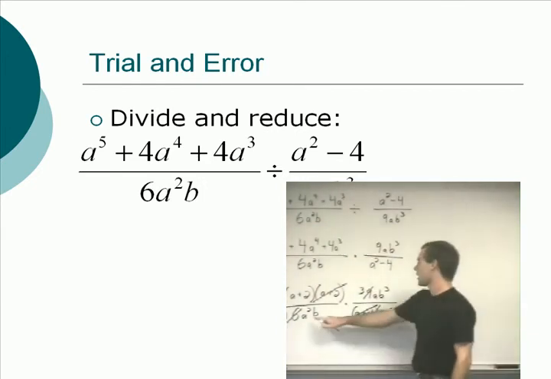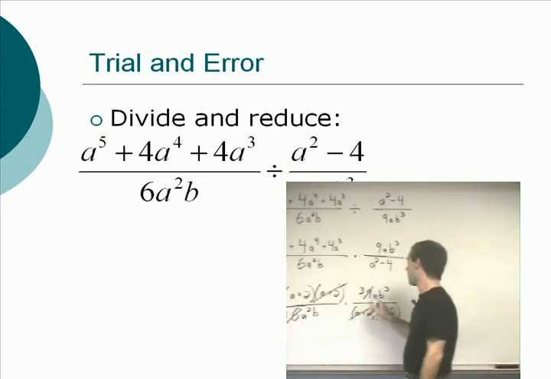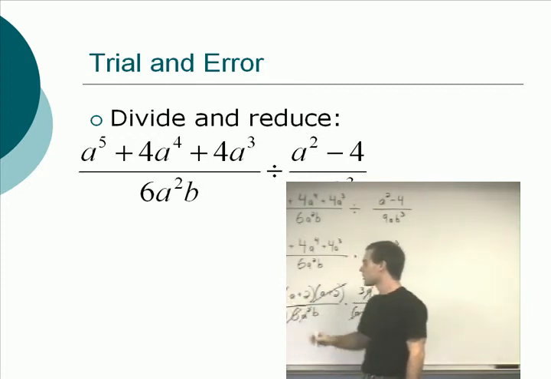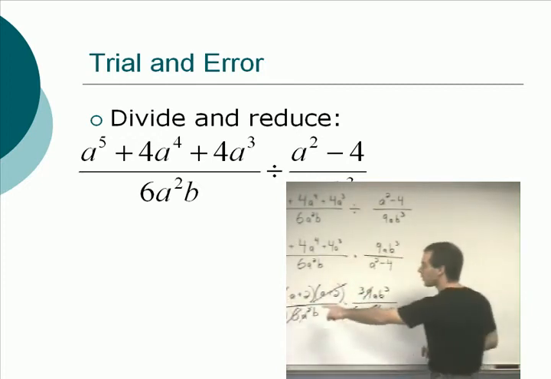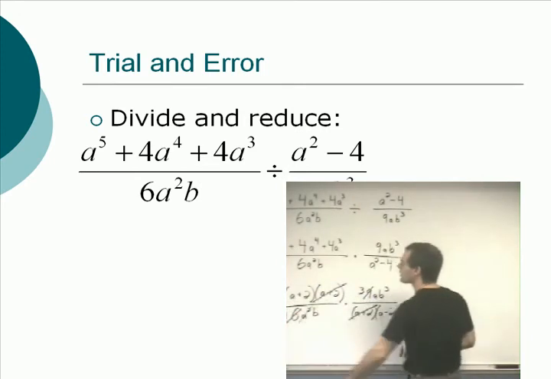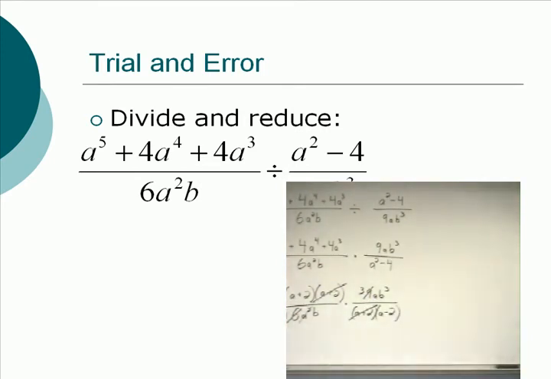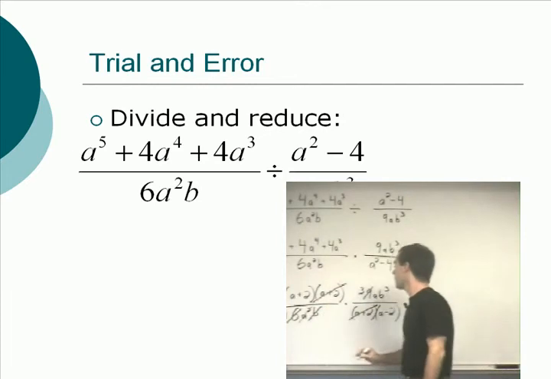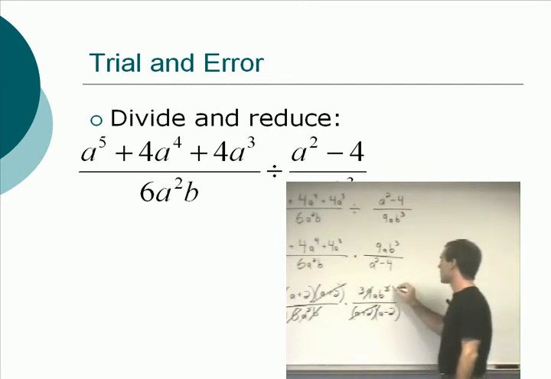Down here we've got a squared. Up there we've got a to the 3rd and an a. We can just cancel 2 of them off. Get rid of those, and what are you left with here? Just one a left up there. A to the 3rd over a squared is just one a. It's a property of exponents that we did a little while ago. And we can cancel off a b. We can get rid of this b. And we can cancel off one of these b's, and so that's b squared.